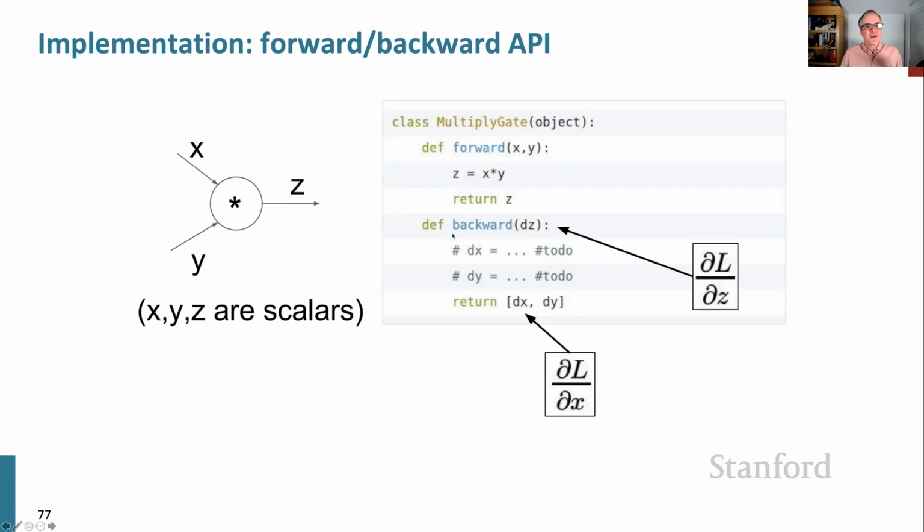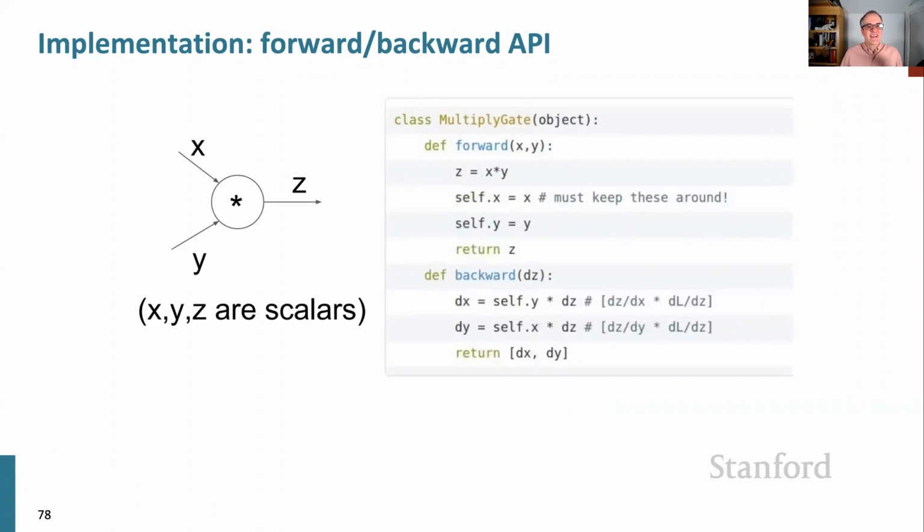And then I'm going to want to tell it also how to calculate the local derivative. So I want to say, what is the local derivative? So dL/dx and dL/dy in terms of the upstream gradient dL/dz. And so I will then manually work out how to calculate that.